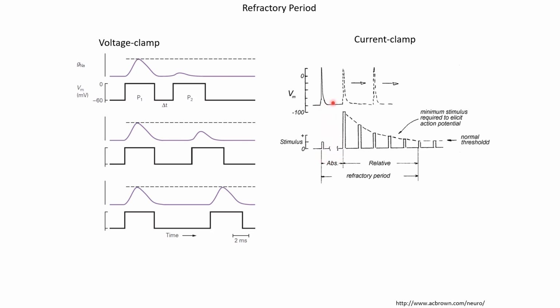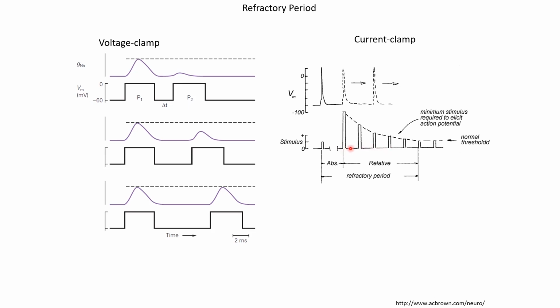This is the period in which no matter how strong a stimulus you give, you cannot generate an action potential, because there are no sodium channels available for opening, or very few channels are available, which are not sufficient for causing an action potential. But after the absolute refractory period is over, some sodium channels become available for opening.